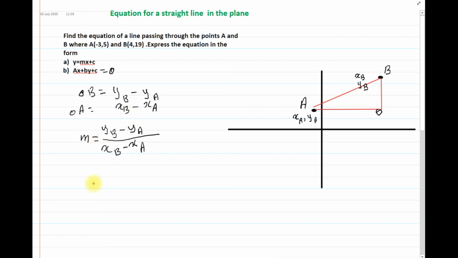So in our case, M, if I take point B as my first point, the coordinates of B are (4, 19), and A is (-3, 5).